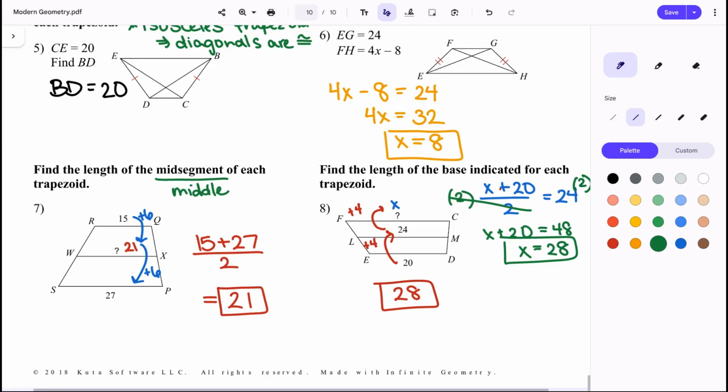If you didn't have just numbers, maybe you were given total expressions, something with all these x's, and they didn't give you the numbers, then you might have to set it up as an equation like that. But if they're giving you numbers, you can just use that shortcut to help you figure out whatever piece is missing. Just make sure that it makes sense.